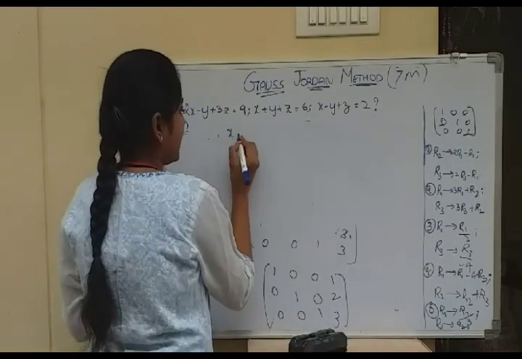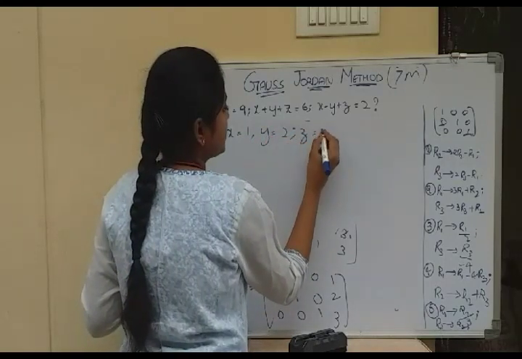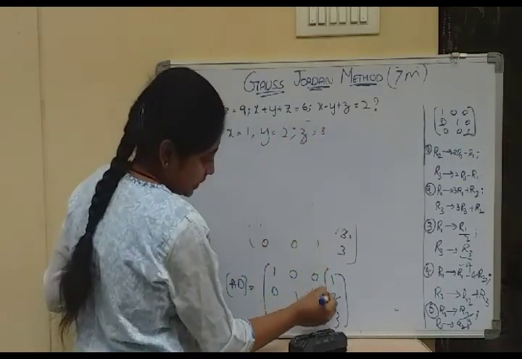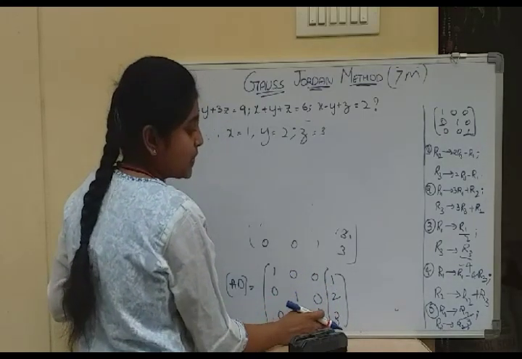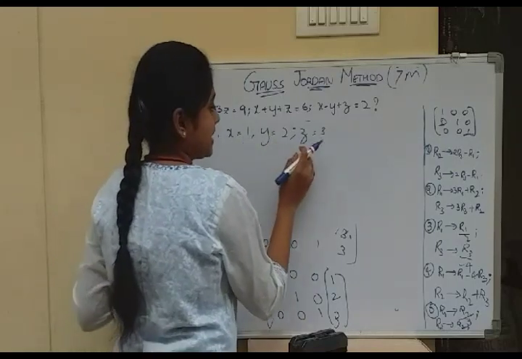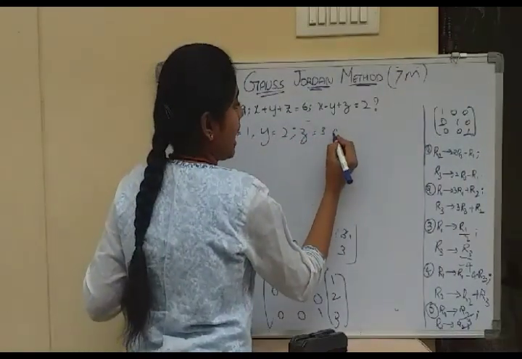Therefore, x is equals to 1, y equals to 2, z equals to 3. So here we got 1, 2, 3. So x is 1, y is 2, z is 3.